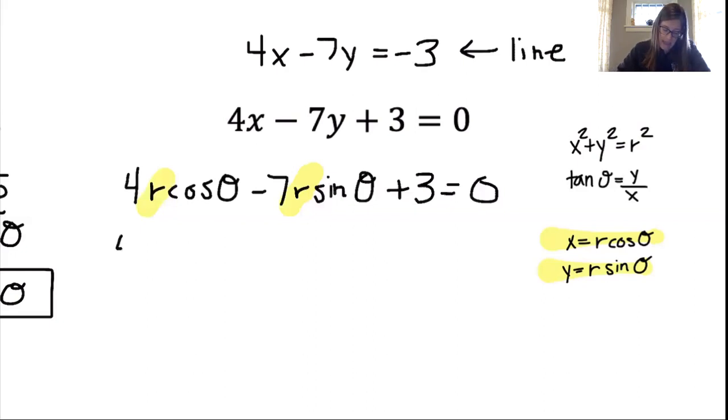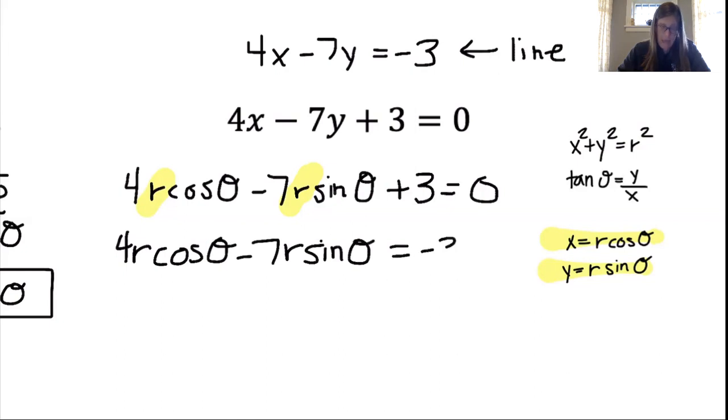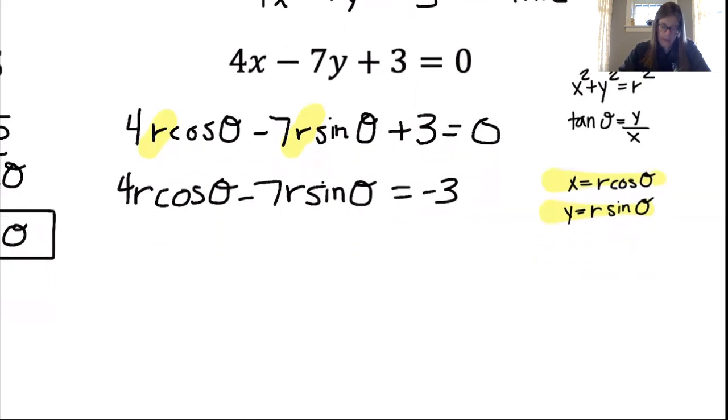So that needs to be moved to the other side. 4r cosine theta minus 7r sine theta equals -3. And I still have those 2 r's.